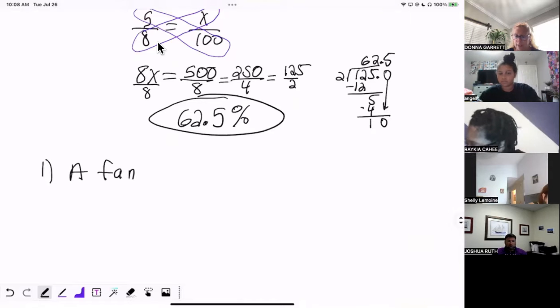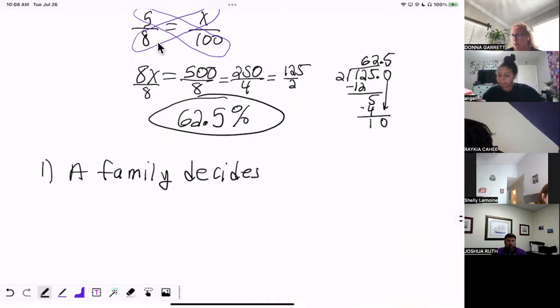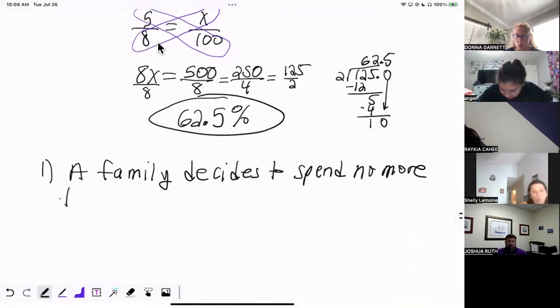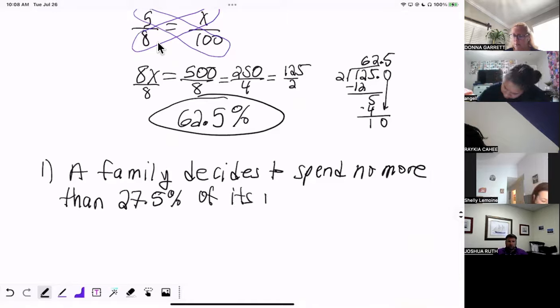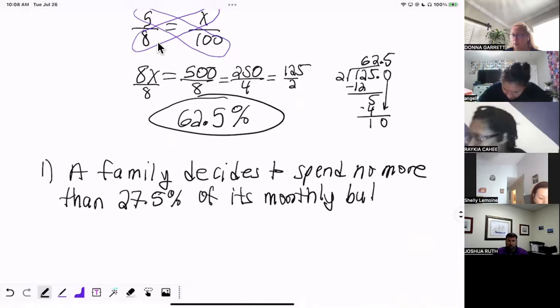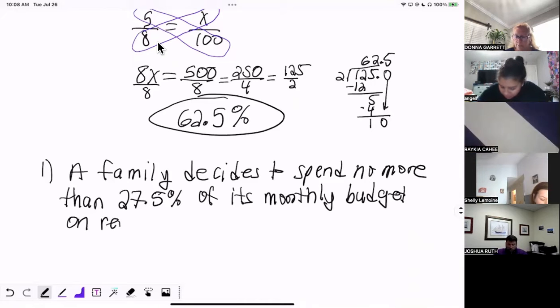Okay, so application problems, here we go. A family decides to spend no more than 27.5% of its monthly budget on rent.